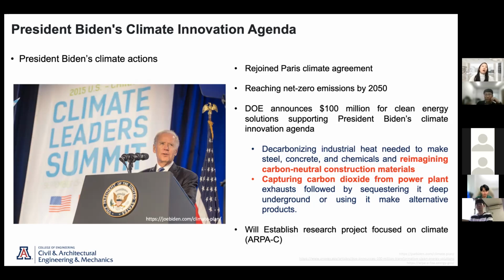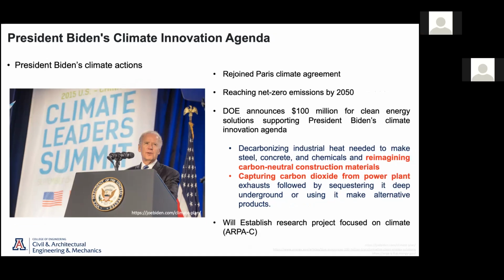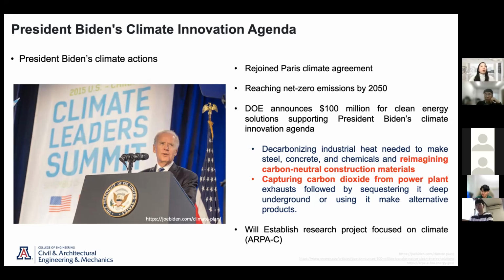Also, the Department of Energy already announced $100 million in funds for clean energy solutions to support President Biden's climate agenda. CCUS technology and reimagining carbon neutral construction material are key topics of the Advanced Research Projects Agency focused on climate, ARPA-C, that President Biden will establish.